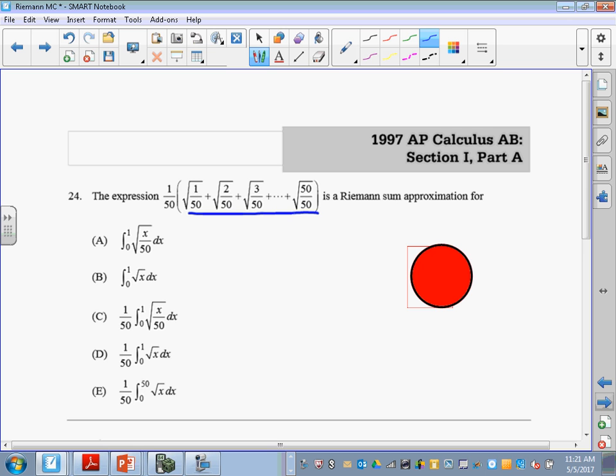It would just get closer and closer to 0. So our first height is 0, and our last height has to be what? 1. And so it's really the same problem, right? If you got the last one, you got this one. And it's, again, B.